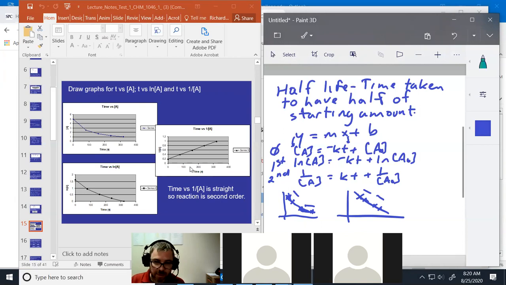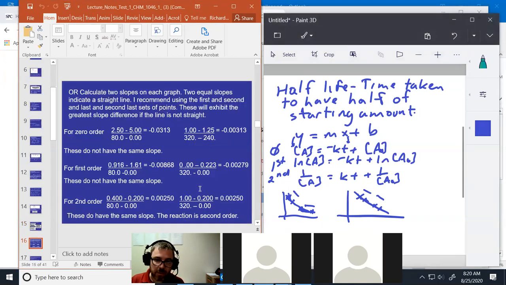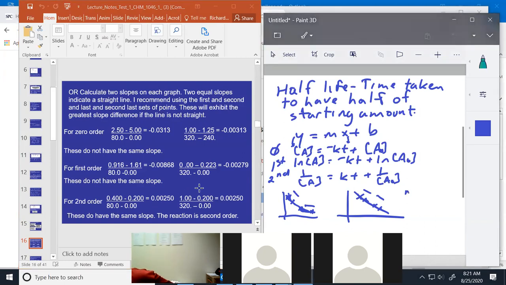I'm going to ask you to indulge me for a little bit about how to find the slope of a line. This is something that hopefully you are aware of. It's going to be change in Y over change in X. So M equals rise over run, or the change in Y over the change in X.